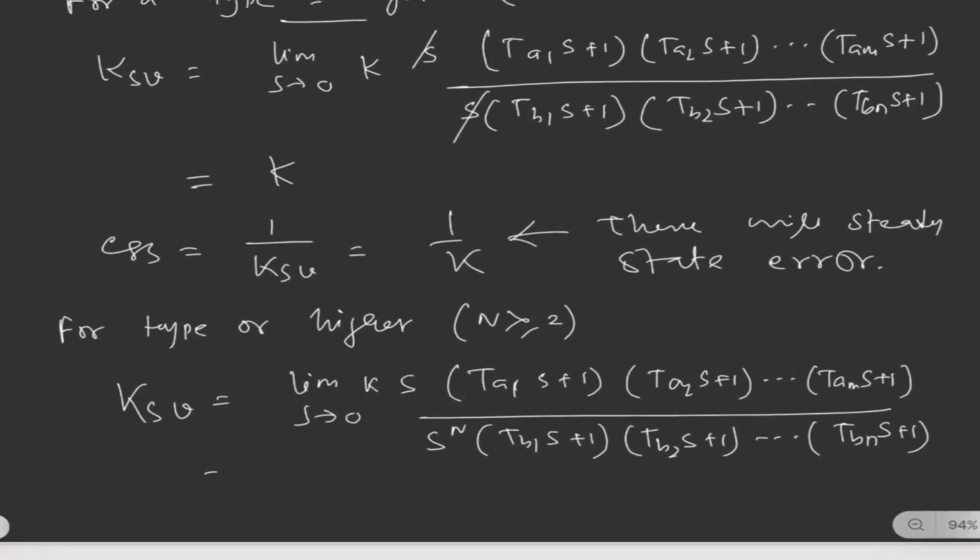Now, if you put s equal to 0 here, the 1s will cancel out. So in place of s to the n, I can write s to the n minus 1.